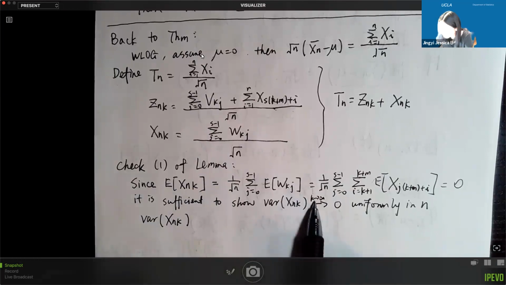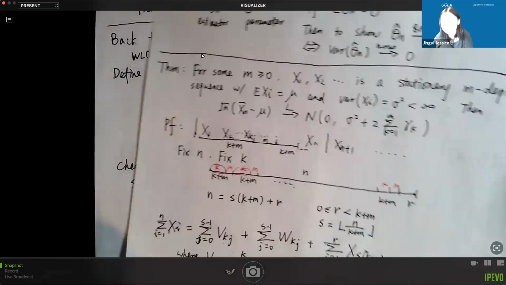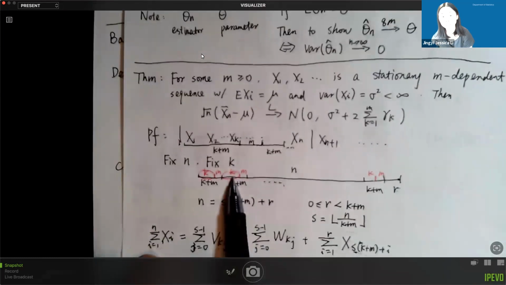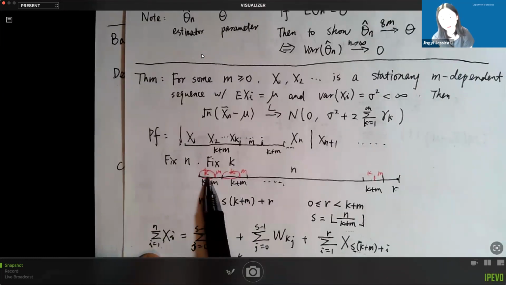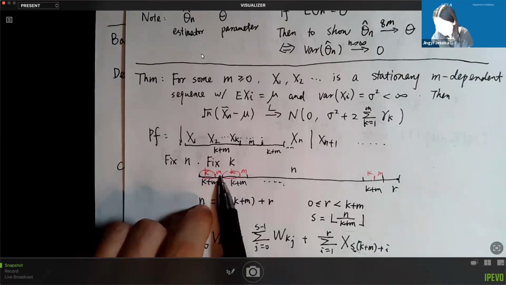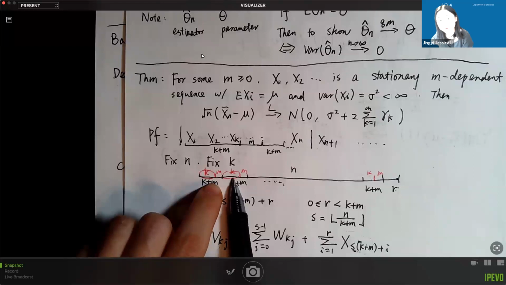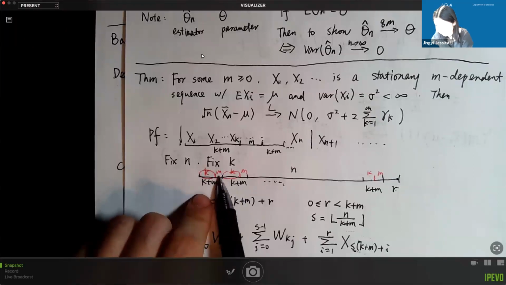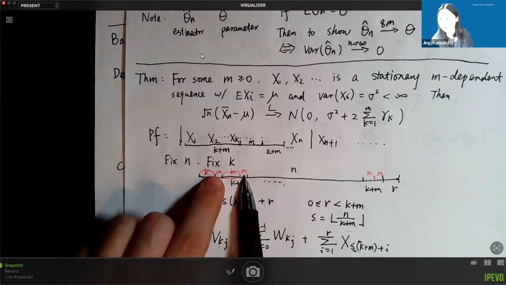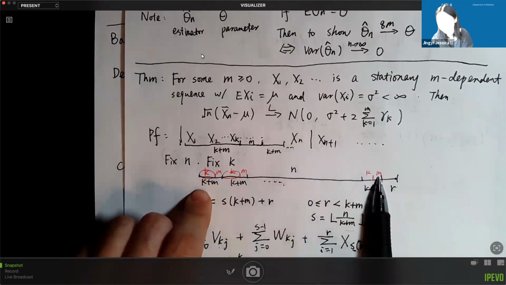Because k is going to infinity, I'll put my first piece of paper back. Look at this graph. K can be very, very large, right? When k is very large, this segment and this segment will be apart by k. For sure, I can let k be greater than m. Then this part and this part will be independent of each other. So I will have independent partial sums here, s of them.